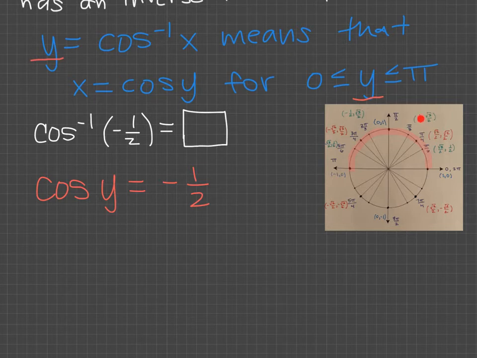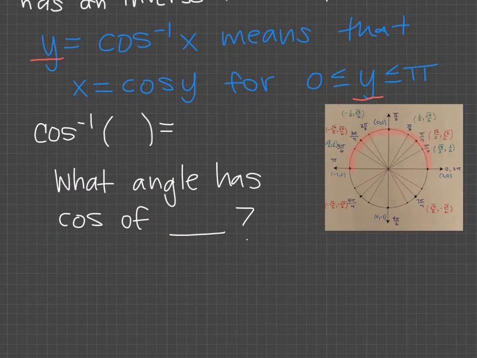All right, so as we go through, we come here to 2 pi over 3. The x-coordinate is -1/2, so that tells us that the cosine of 2 pi over 3 is equal to -1/2. So to evaluate cosine inverse of -1/2, that is this angle 2 pi over 3.